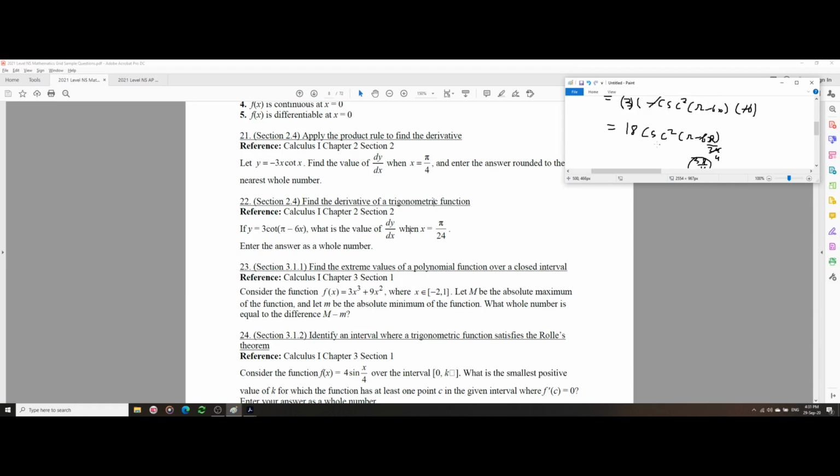The steps would be 1 over sine squared x, that's 1 over (radical 2 over 2) squared. If you flip, you get radical 2 squared, which is what I had here, so 2. Times 18, 2 times 18 you get 36. And that should be the answer.